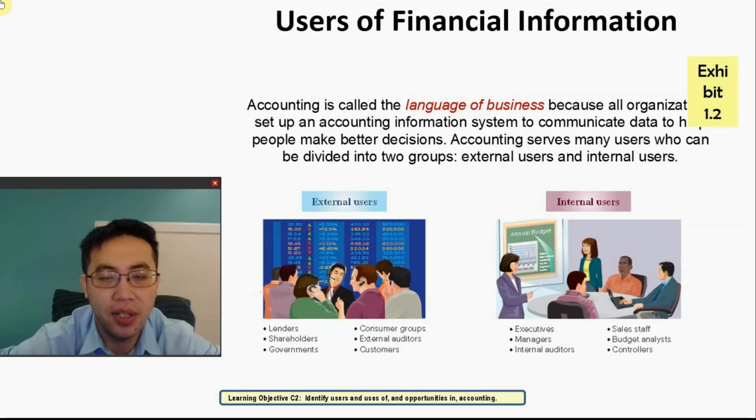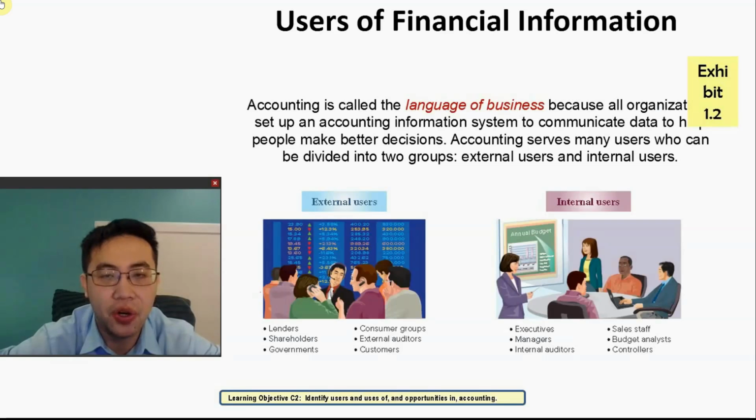You also have sales staff who do marketing plans and boost the revenue of the company. You also have budget analysts, who are from the treasury side and take care of capital budgeting planning and also money receipts and payments in the future.